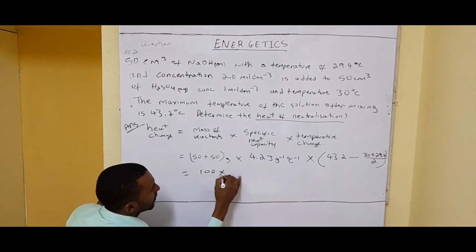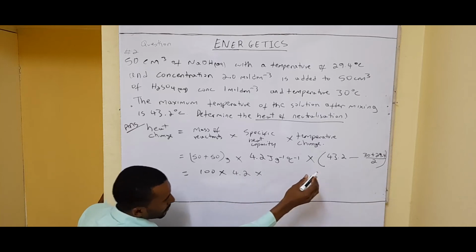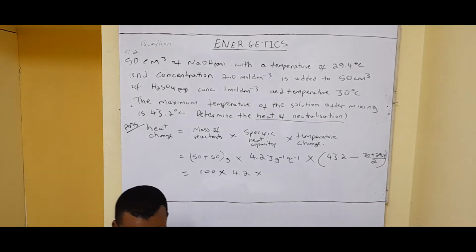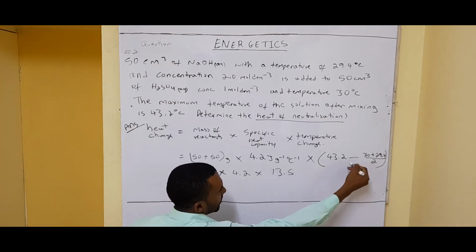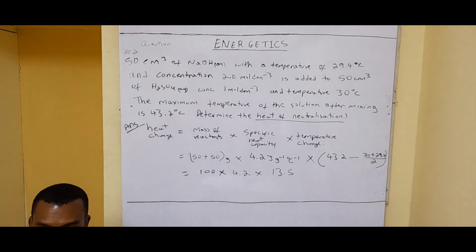Which is 100 times 4.2 times... that is approximately what? 13 point something? Look at what the book says, what's the answer for that? The book got 13.5 here, for the average when the average is subtracted. 13.5. Did you get something similar?